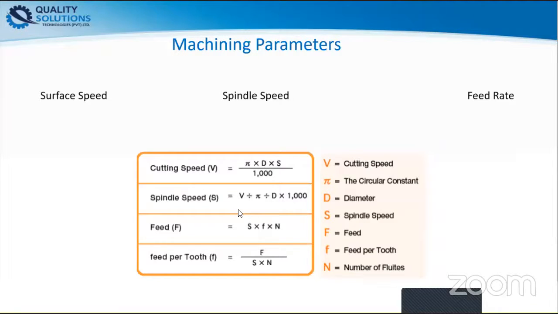We use this formula to find the spindle speed. And then we can also use the spindle speed information and the cutting speed to find the feed rate: at what speed the workpiece should move along with the rotation of the cutter or against the rotation of the cutter.